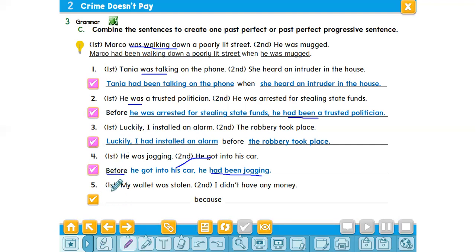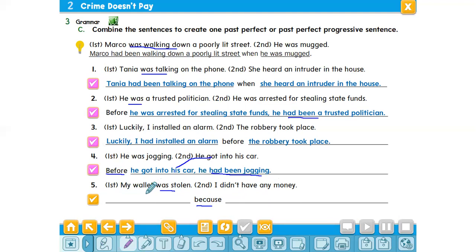Number 5. At first my wallet was stolen. Was stolen, it's the past. Then I didn't have any money. Here we will use because. Because is followed by the reason. Why didn't I have any money?